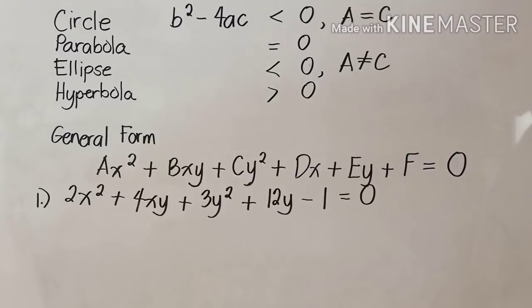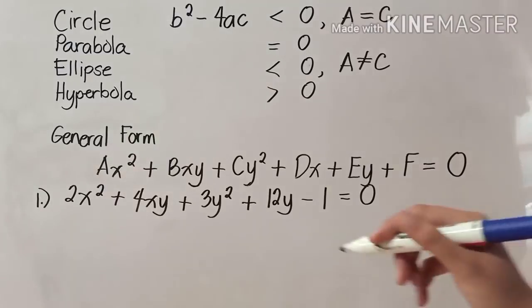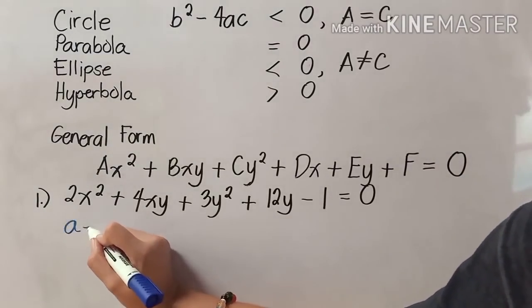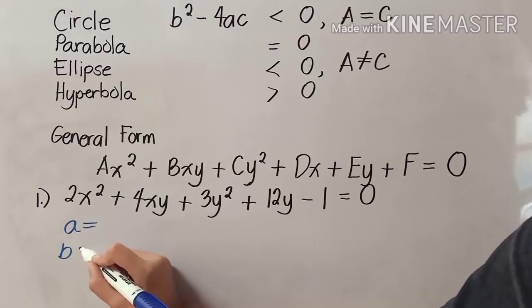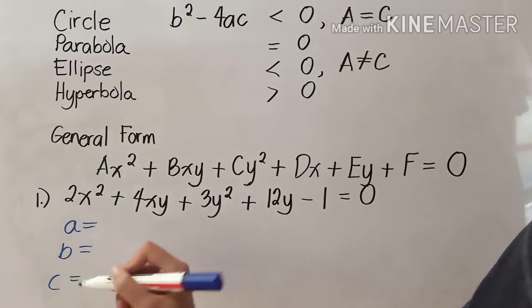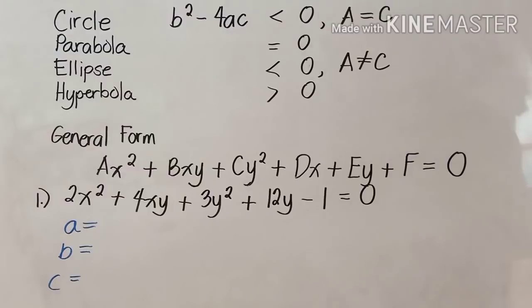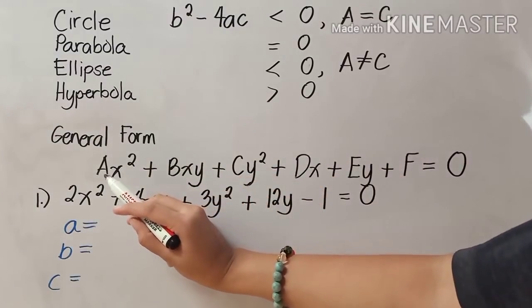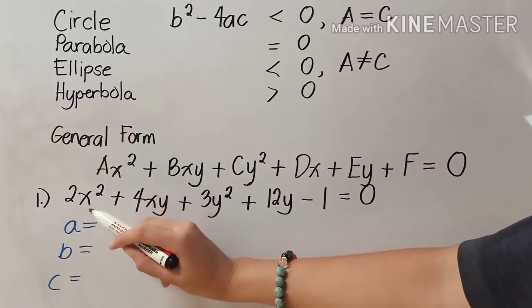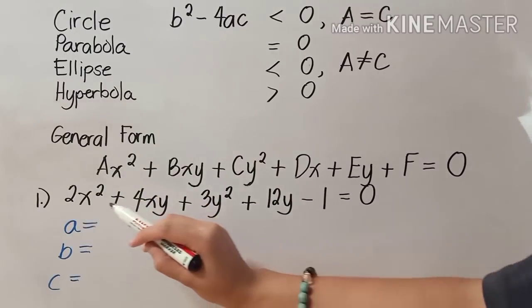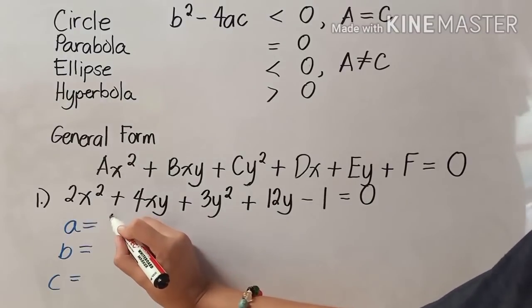Let us now answer number 1. 2x squared plus 4xy plus 3y squared plus 12y minus 1 equals 0. We will first identify the values of a, b, and c. In the general form, x squared is beside a, and in our given, 2 is beside x squared, so a is equal to 2.